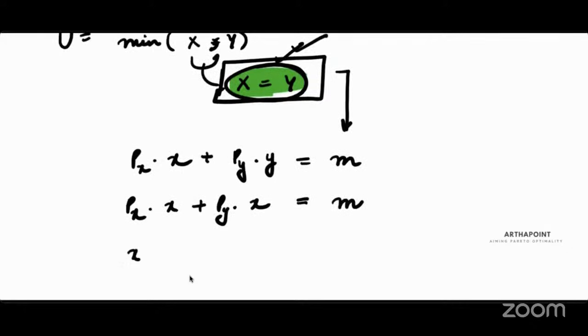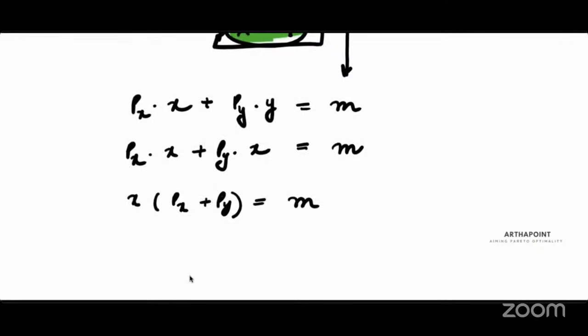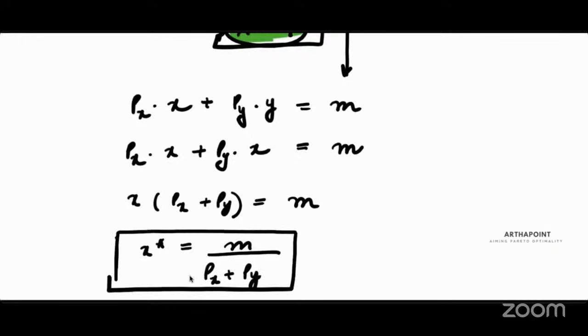So I can take x common and I can get px plus py equal to m. From here, I can get x star is equal to m by px plus py. You know x is equal to y, so y star is also equal to m by px plus py.